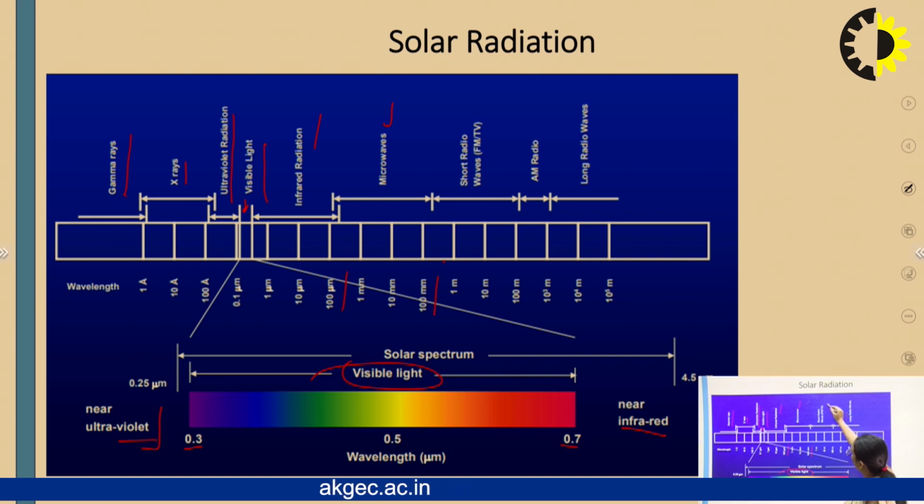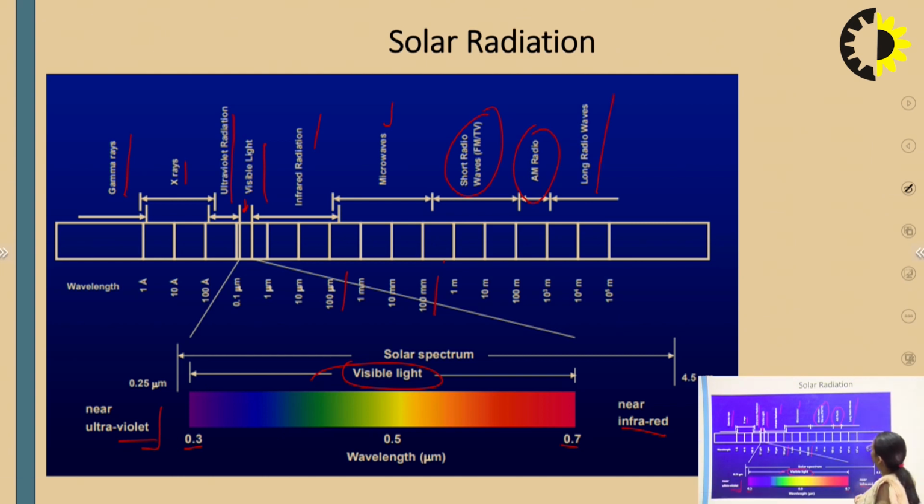Then there are short radio waves, AM radio waves, and also long radio waves which range from 10 raised to the power 3 meter towards 10 raised to the power 5 meter. Of all these radiations, only the visible light is visible to us, and it ranges from 0.3 micrometer to 0.7 micrometer.